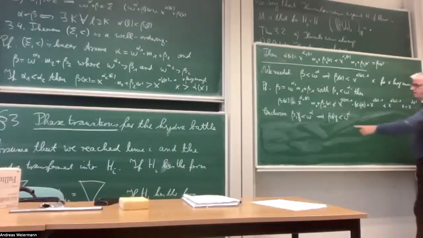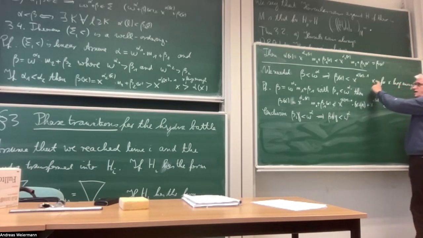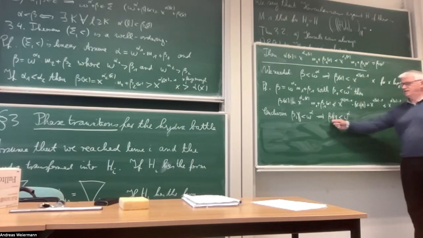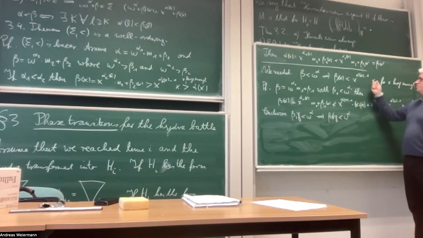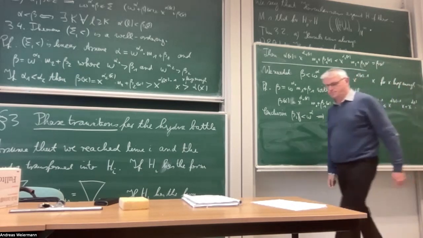Because both functions are bounded by this function, and when I make x big enough, the exponential function is also stable under additional functions coming from beta.